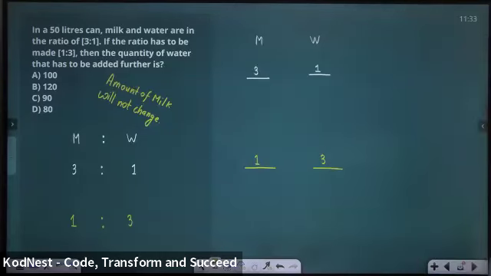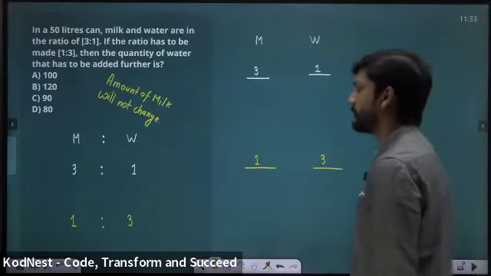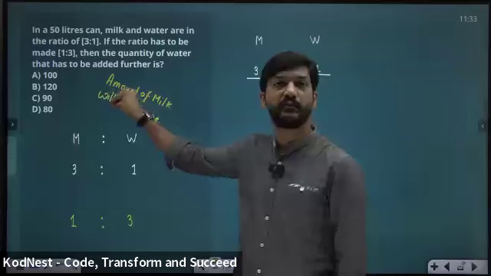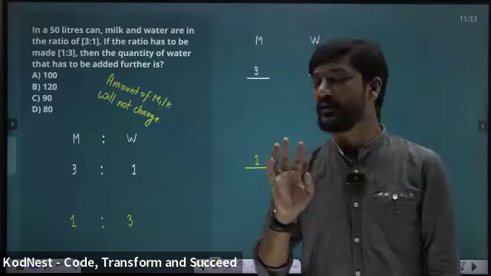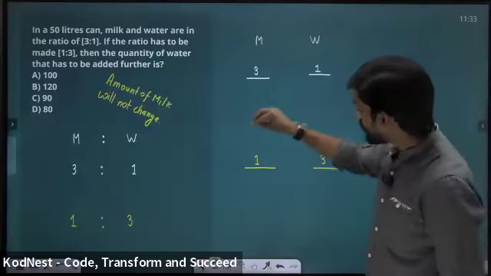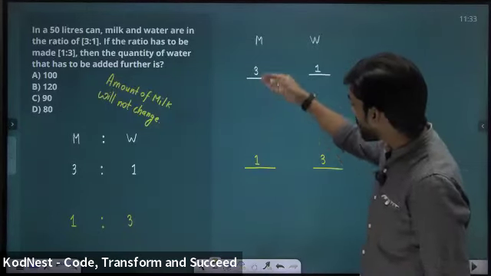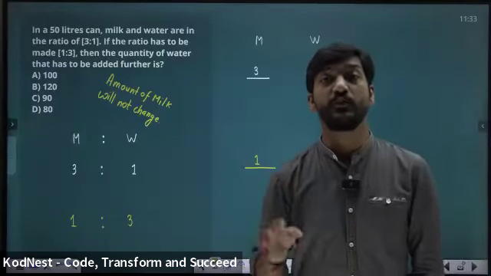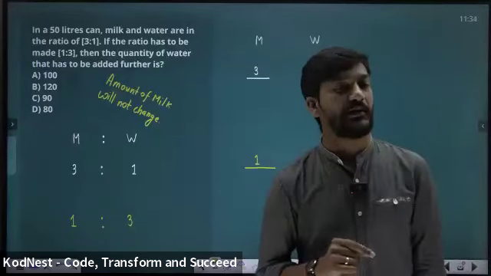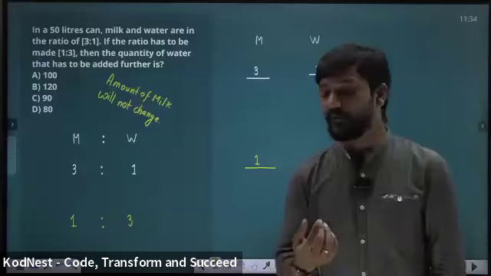No. But it should be the same. In this situation, the amount of milk will not change. So what do I need to do to make it the same? Modify the ratio.